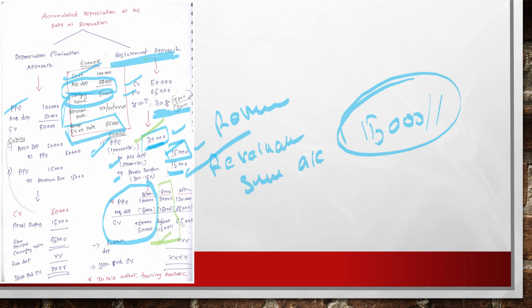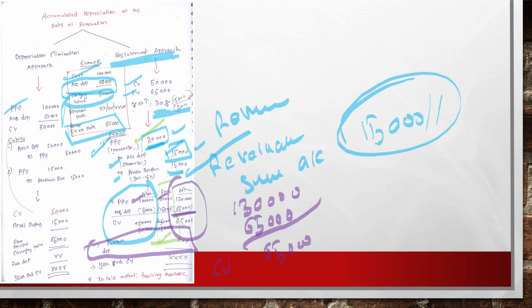After the revaluation, 1 lakh plus 30,000, 1 lakh 30,000 is your value, and 65,000 is your accumulated depreciation. Balance carrying value is 65,000. Then if there is any further depreciation at the year end, you can do that.